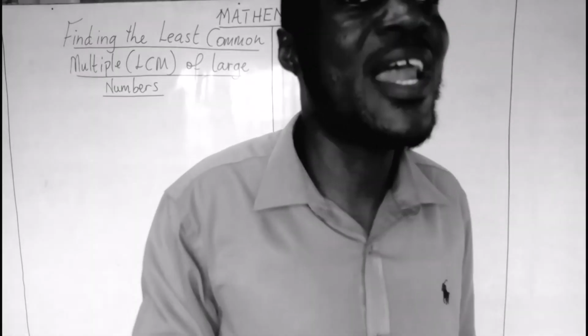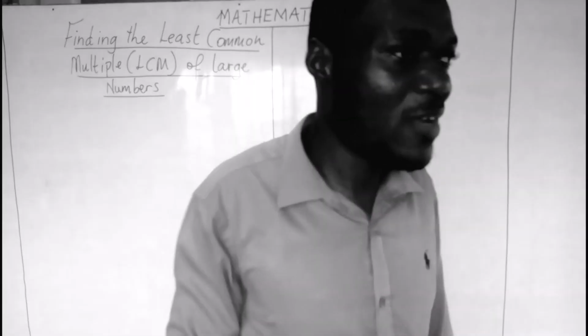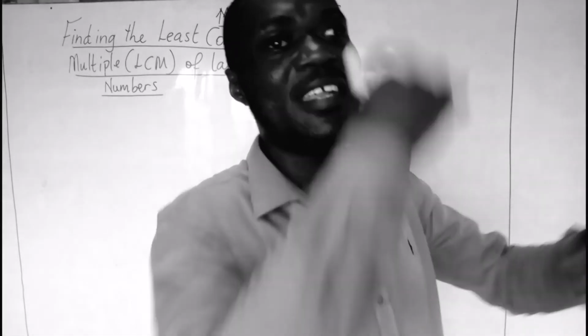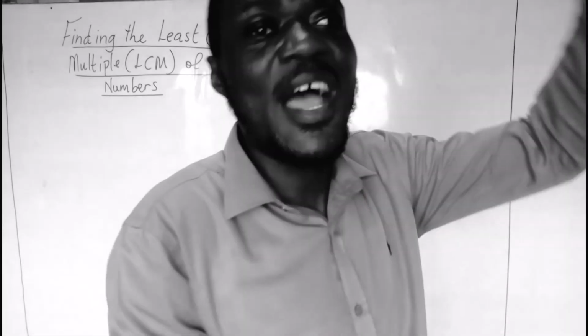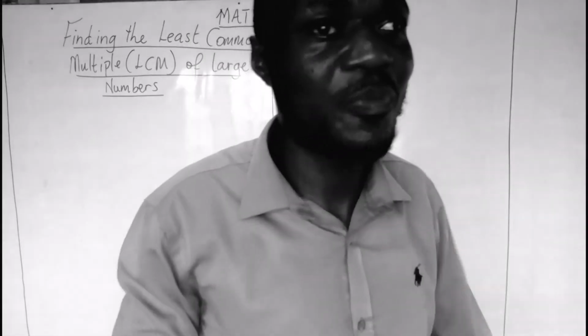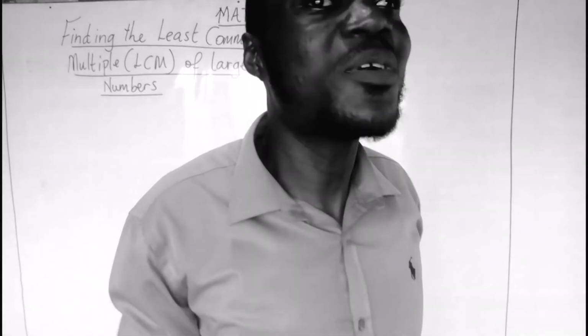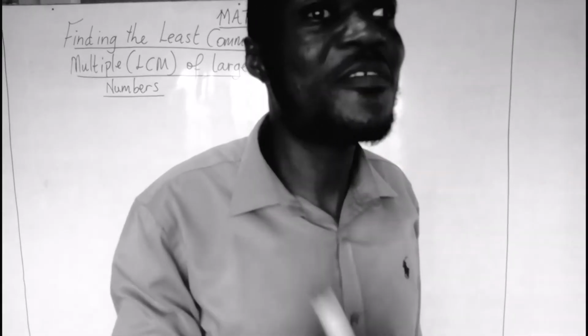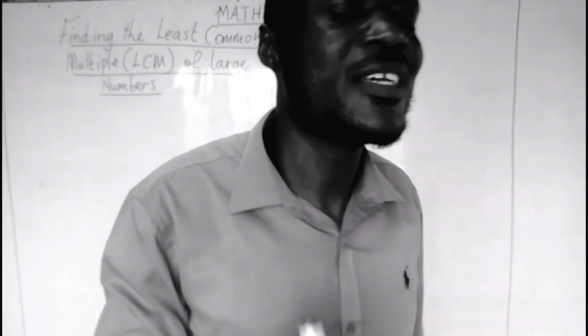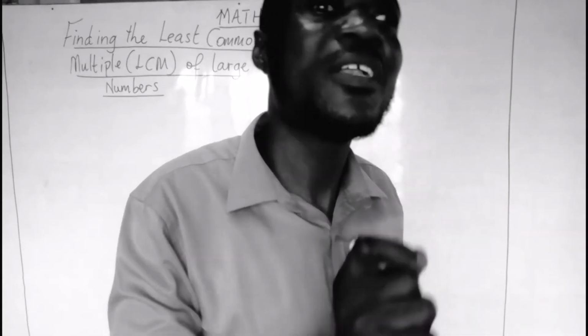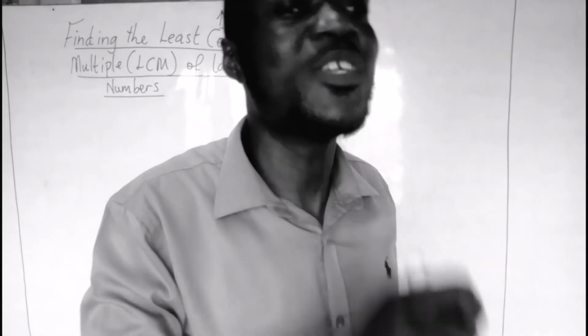It's like how we climb stairs in our house. You move like this, then the next one, then the next one, and the higher you keep adding, the higher you keep moving. Now the word common means something that can be found everywhere, or at least in particular places. So now let's add the common to the multiple.